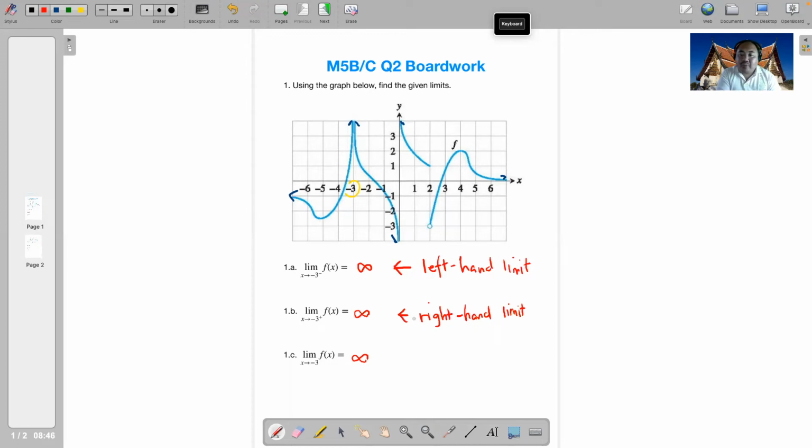All we can say is that when x approaches -3, whether from the left or from the right, the behavior of the function is the same. It increases without bounds. So when we get a result that is positive infinity, we can say it increases without bounds.